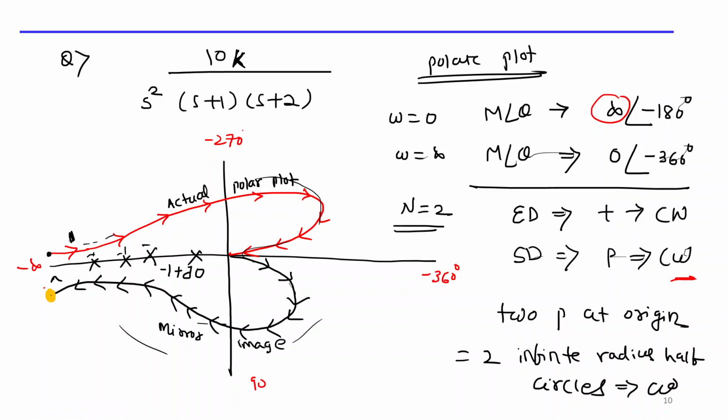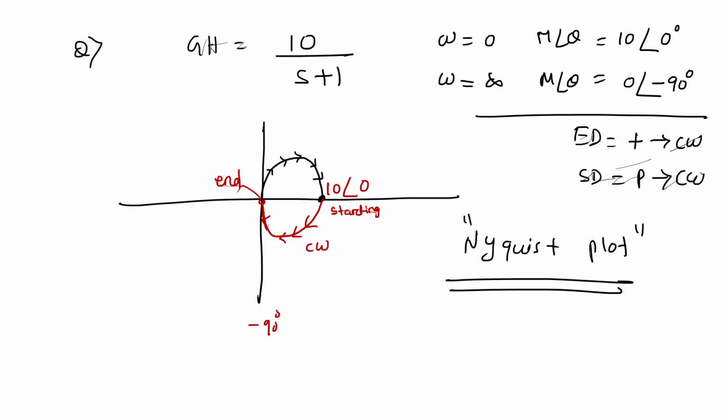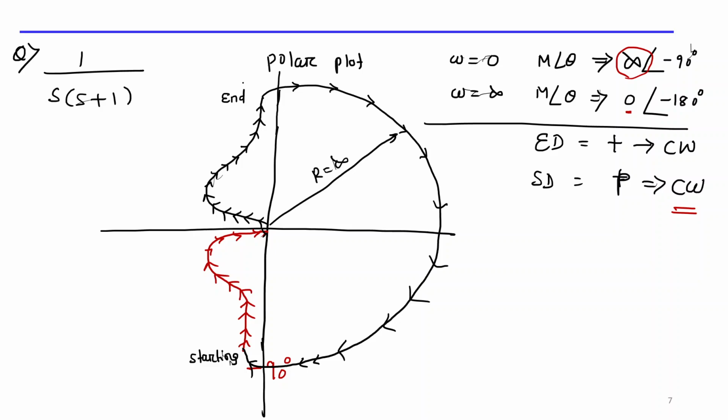Remember this: the infinite radius half circle will start where the mirror image ends. Go back to the previous question. You can see the infinite radius half circle starts where the mirror image ends. This is the mirror image. This is the actual polar plot.